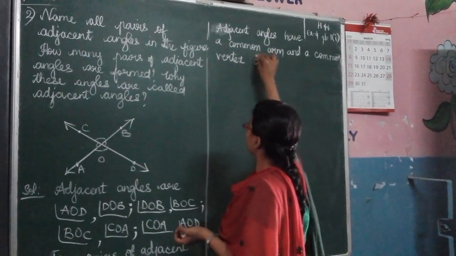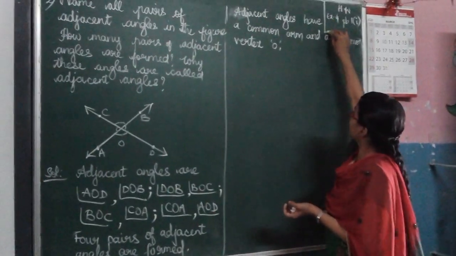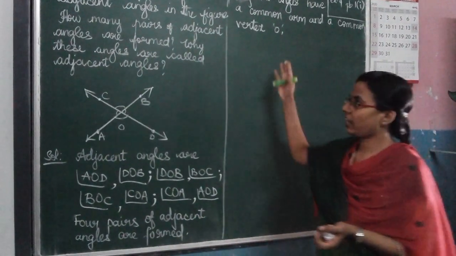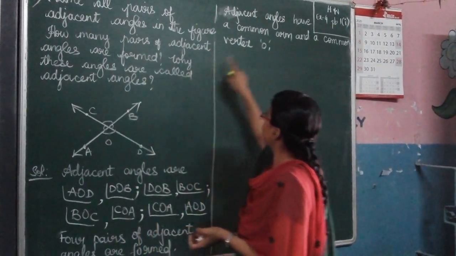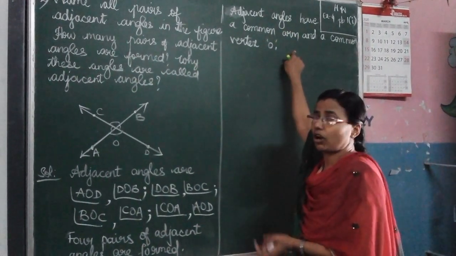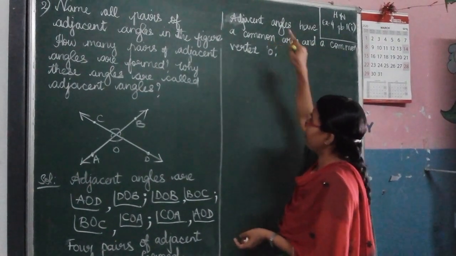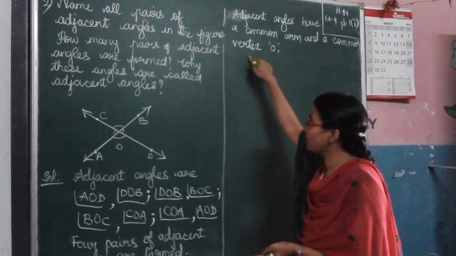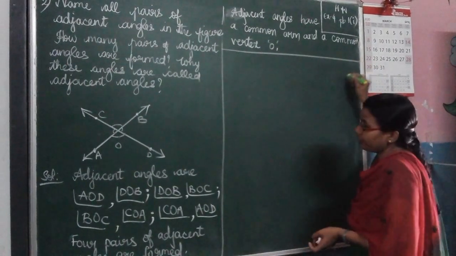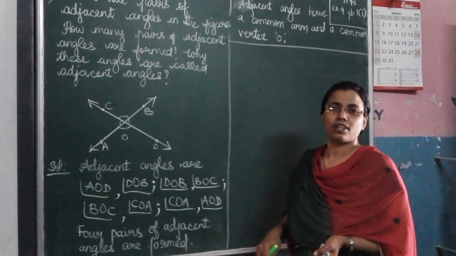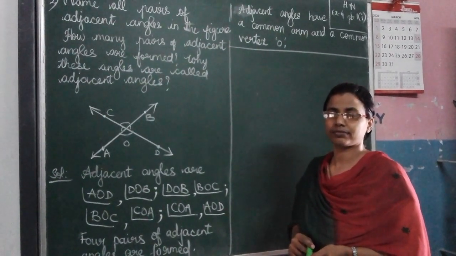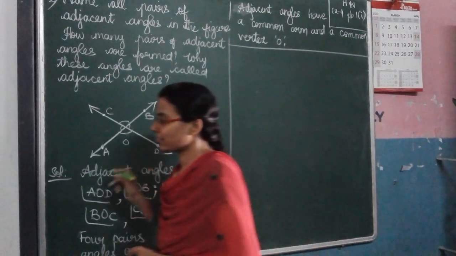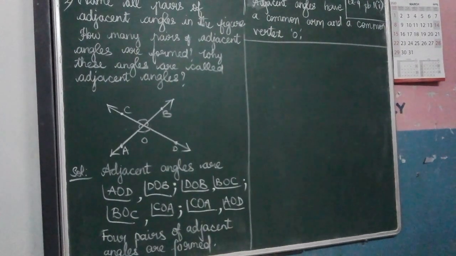O is a common vertex. Adjacent angles are called adjacent because they have a common arm and a common vertex. Understood this problem, children? Okay, copy this in your class workbook. 2 minutes.